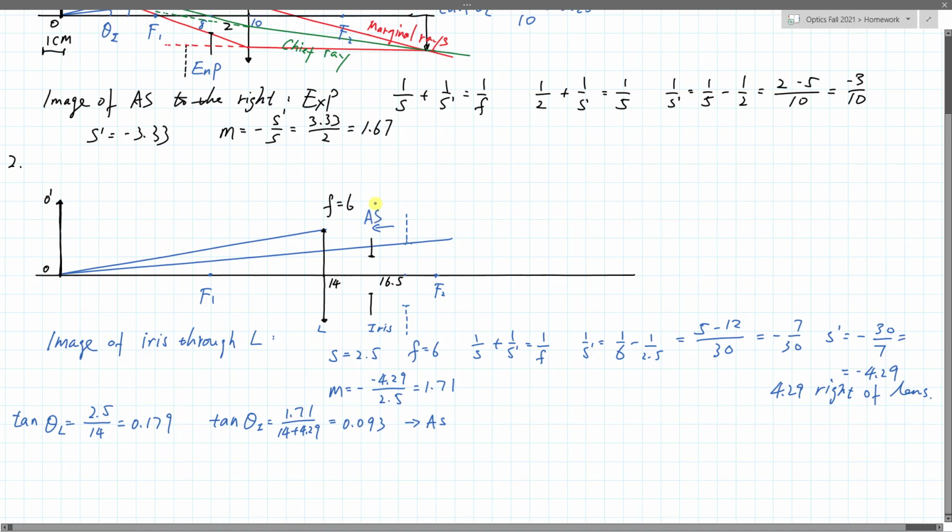To determine the entrance pupil, you image the aperture stop with an imaging element prior to it, to its left, which is this thing. So this is the entrance pupil. To find the exit pupil, you image this thing with an imaging element to its right. There's no imaging element to its right, so this itself is the exit pupil.